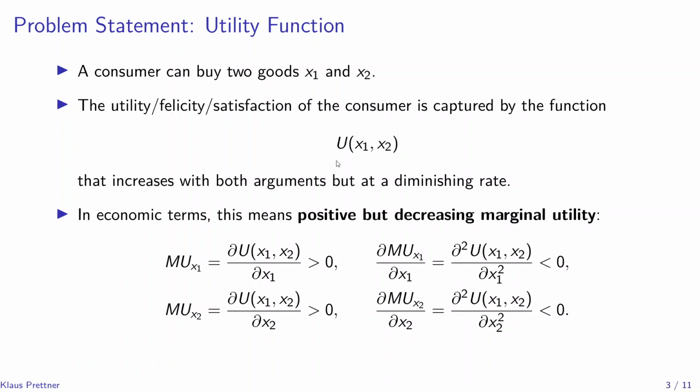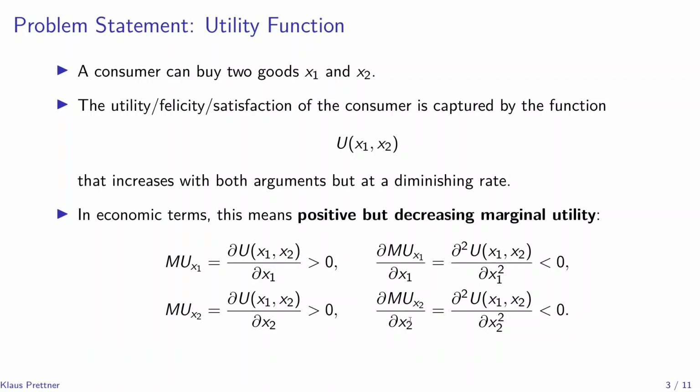And in economic terms, this means that we have positive but decreasing marginal utility. You can write this down mathematically as the derivative of the utility function with respect to x1 and with respect to x2 is greater than 0. So that means utility increases if you consume more of x1 or x2.